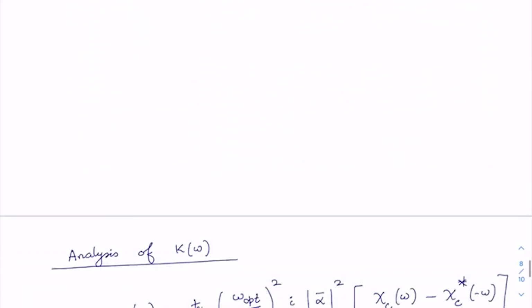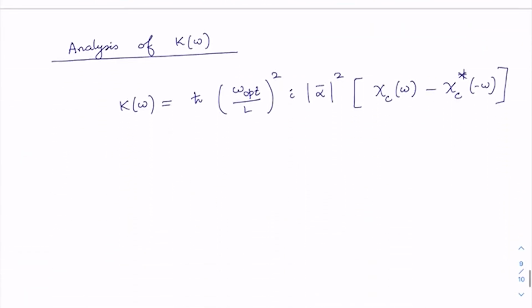So now we are going to analyze this term K of omega in somewhat more detail, and then we will be able to extract certain quantitative information about the mechanical system.